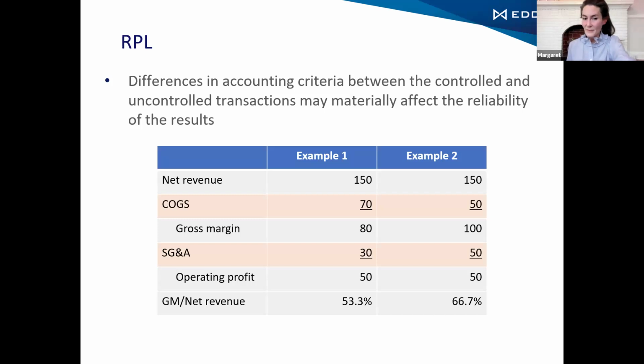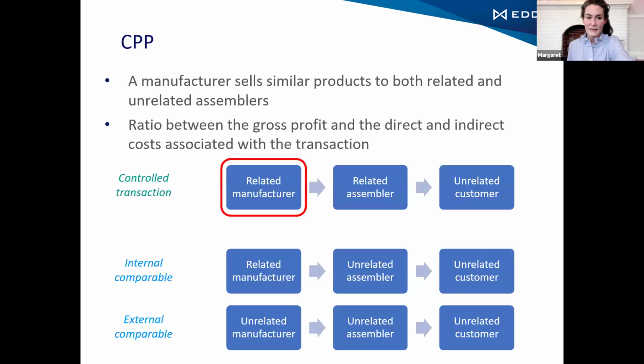And it's the very same thing for the cost plus method. So here's the cost plus method, very much what we just saw, except the tested party here is going to be the manufacturer. And again, you can use internal or external comparables. I would definitely pick the internal comparable over external.